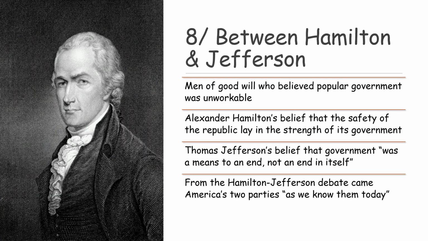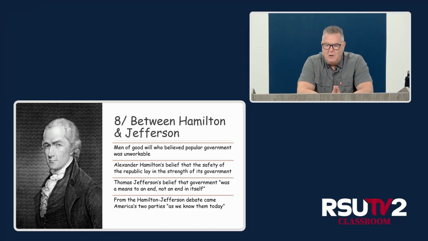So FDR draws this contrast between two members of the founding generation, Alexander Hamilton and Thomas Jefferson. Basically, there were some men of goodwill who believed that democracy, that popular government, was unworkable. And Alexander Hamilton was one of those folks. He believed that the safety of the republic lay in the strength of its government.